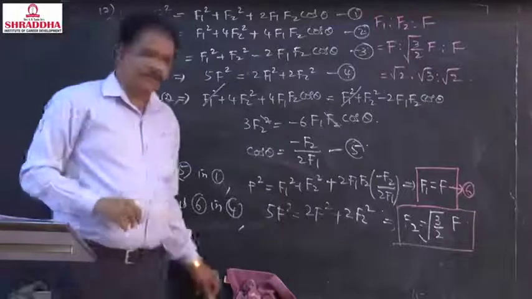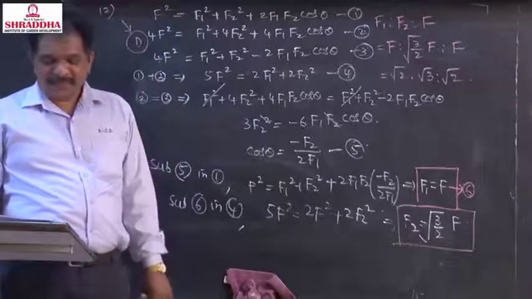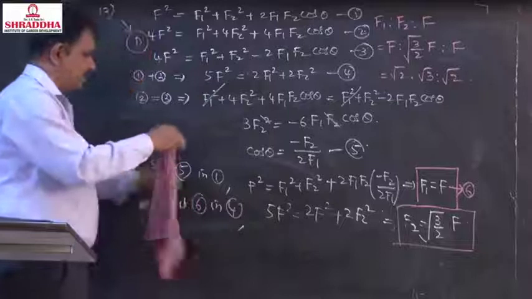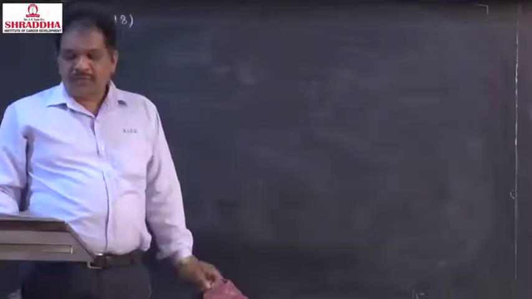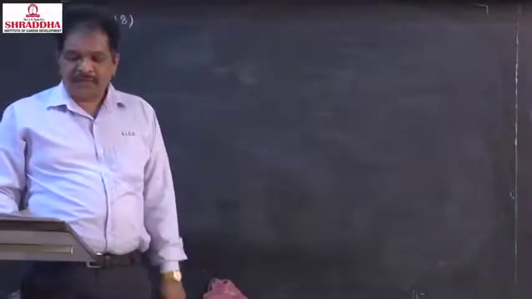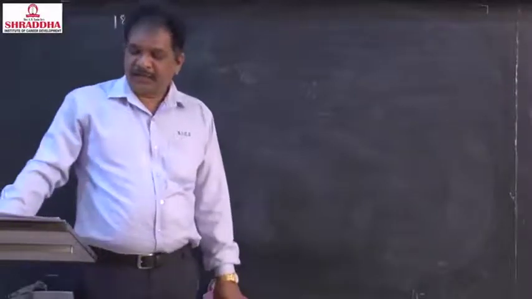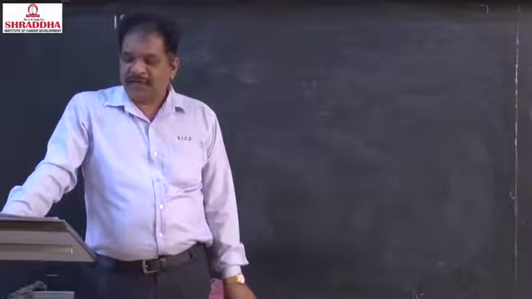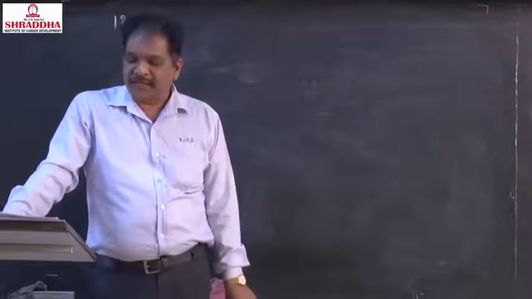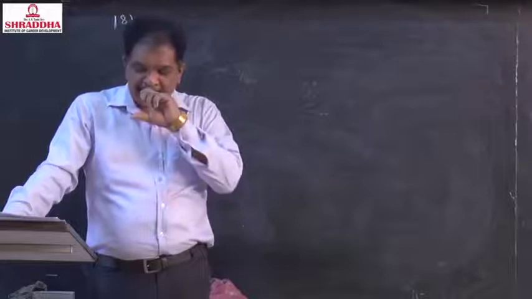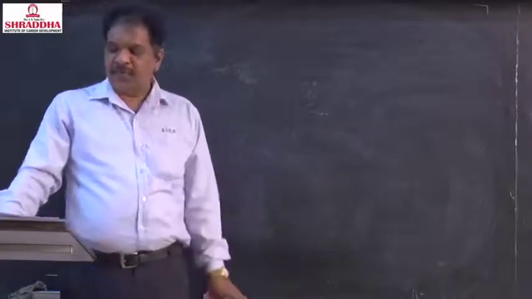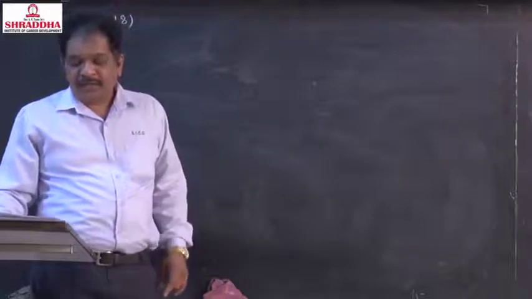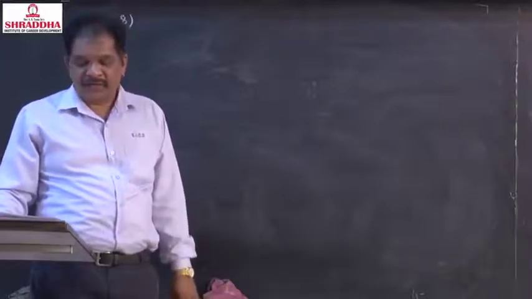Next, question number 18, you see. What are they asking? Two vectors of equal magnitude P are inclined at some angle such that the difference in magnitude of the resultant and magnitude of either vector is 0.732 times the magnitude of either of the vectors.